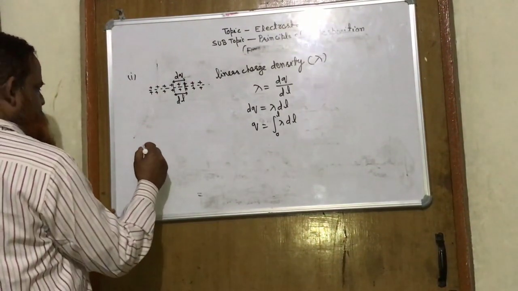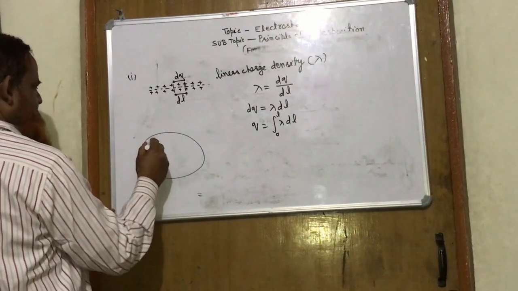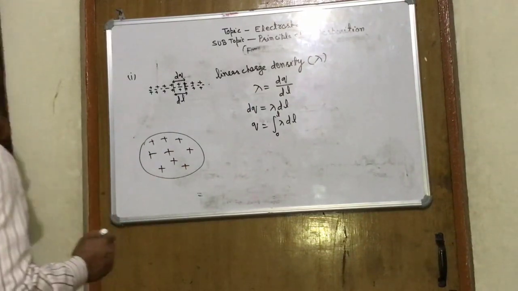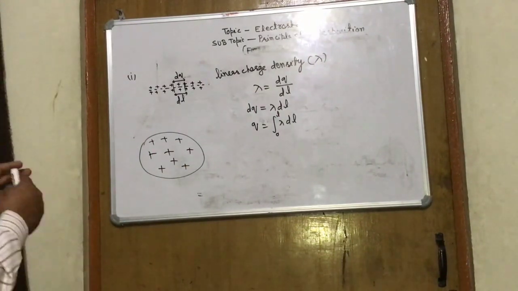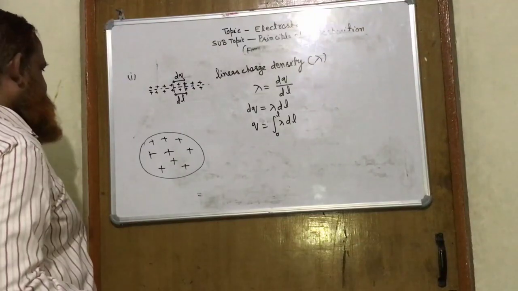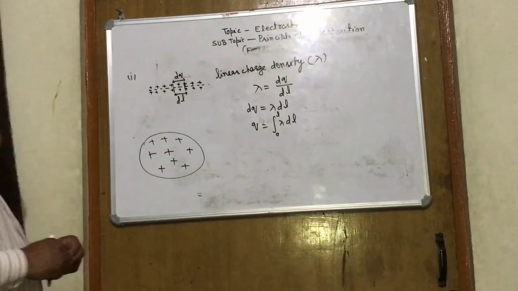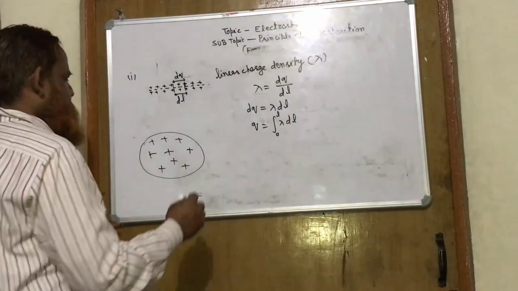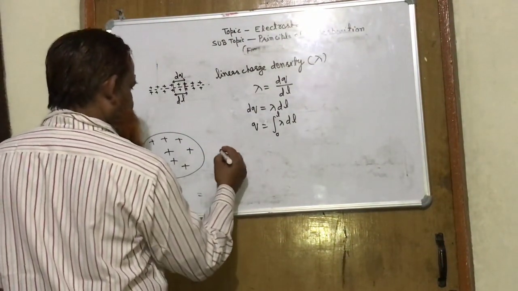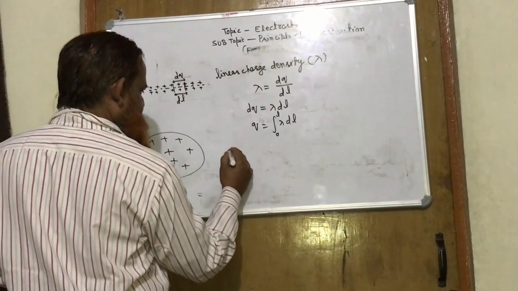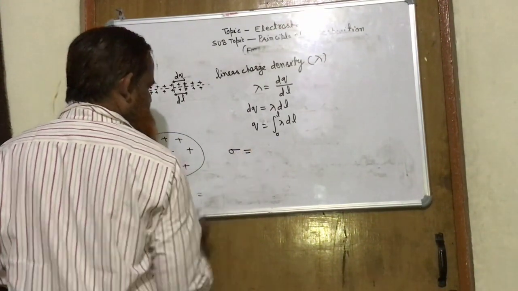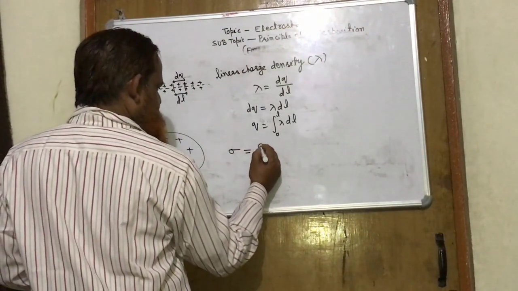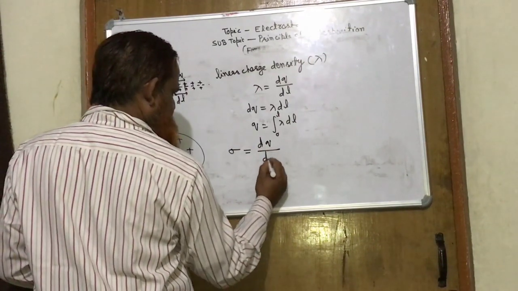If charge is distributed on a plane surface, it will have area. Then charge per unit area is known as surface charge density, denoted by sigma. Sigma is equal to dq by dA.